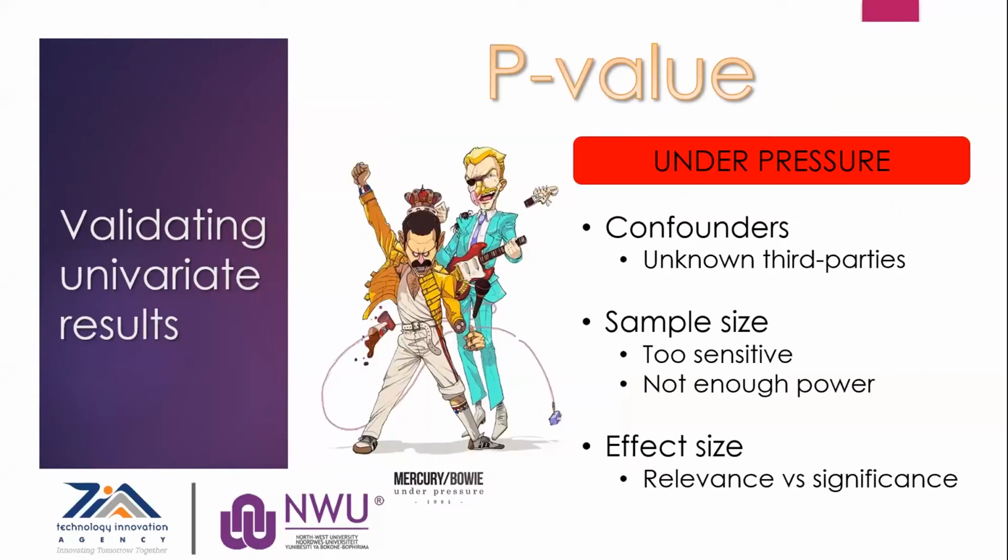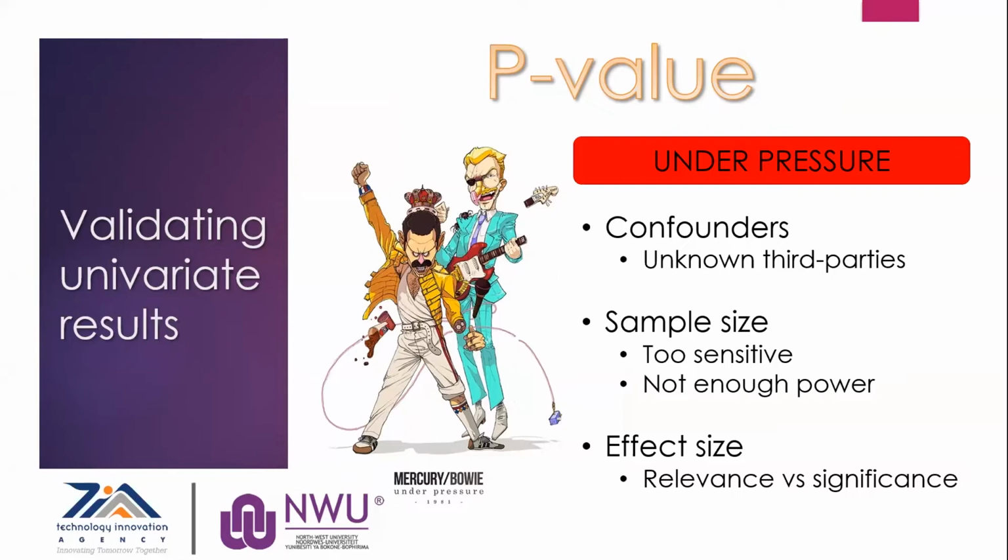Okay, so the p-value has come under pressure, and some of the reasons why is study designs often don't sufficiently incorporate confounders. So these confounders are third-party variables that are actually responsible for the effect but weren't measured. So the p-value won't know about that.